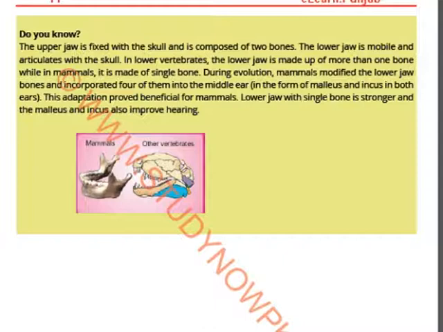In mammals, we have single bones, and these 4 bones are incorporated into the middle ear: malleus, incus, and stapes. The adaptation proved beneficial for mammals. A lower jaw with a single bone is stronger than with the malleus and incus, and it improves hearing.